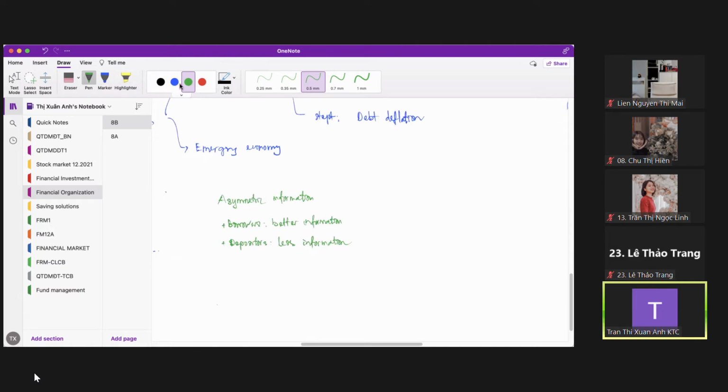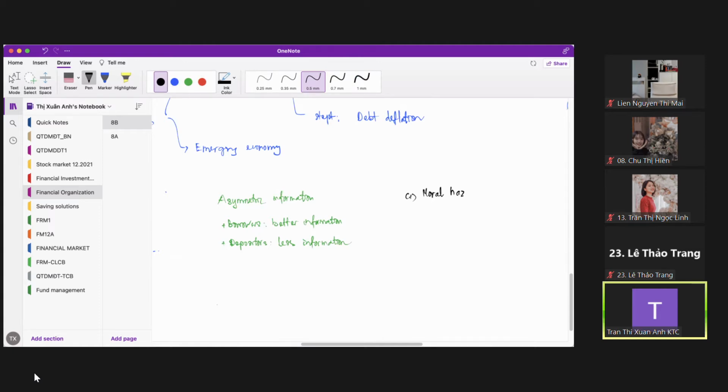Okay, and so in detail, asymmetric information. Last week we mentioned that we have problems. The first problem we call moral hazard, or adverse selection.